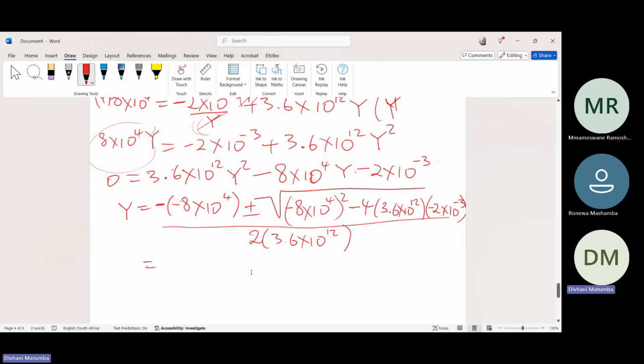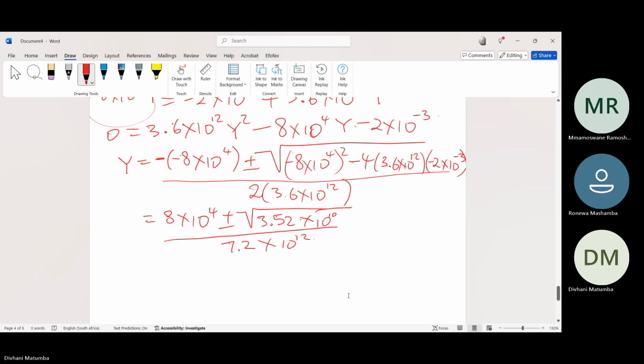So this gave me 8 times 10 to the power of 4 plus or minus the square root of 3.52 times 10 to the power of 10, all over 7.2 times 10 to the power of 12. The square root is positive, so surely we will get a positive answer.